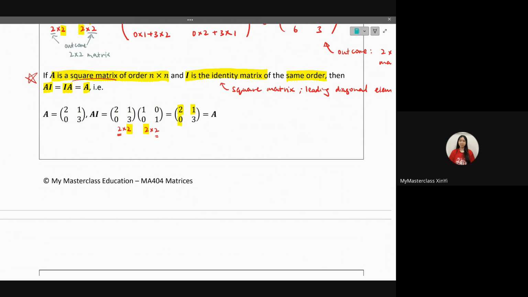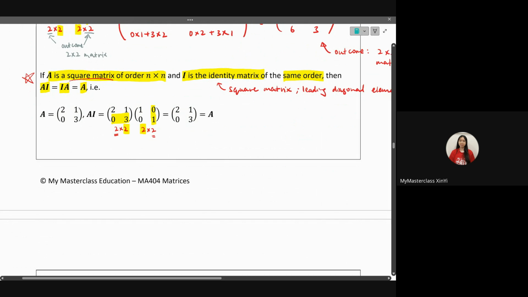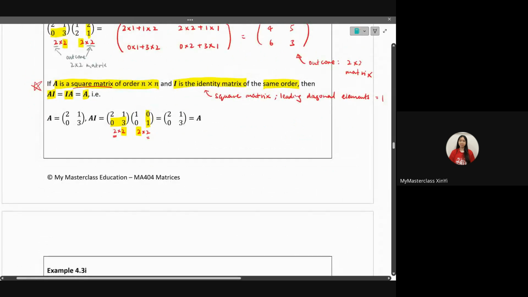Then lastly, this and this: you have 0 times 0 plus 3 times 1, which gives you your 3 over here. Then what you realize is this is basically your A. So therefore, any square matrix of the same order as the identity matrix will give you back the original matrix. That's the use of our identity matrix.